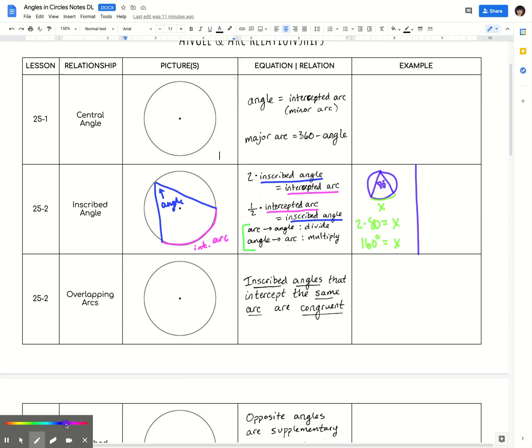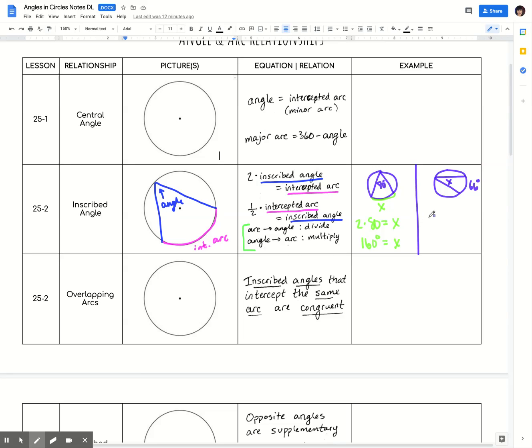Then going backwards, going the other direction. So let's say you have a circle, again very badly drawn by me. But here's my angle on my arc. I'm going to say I don't know the angle, but I know that the arc is 66 degrees.